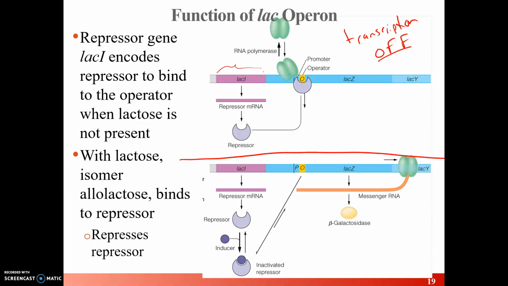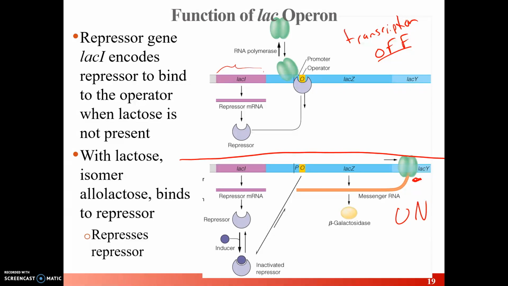Transcription's off. We are not transcribing DNA into messenger RNA. The bottom half, if you see, there's your RNA polymerase over here, so this is where transcription, oh sorry, maybe I'll write it down here, transcription is on, okay?